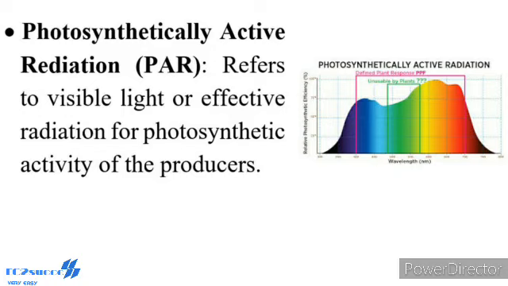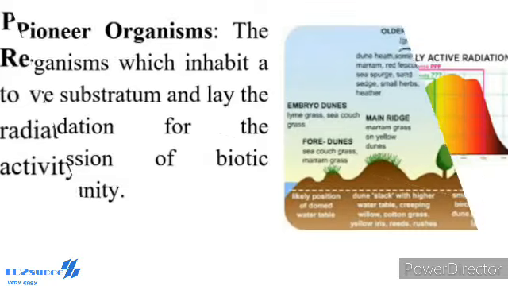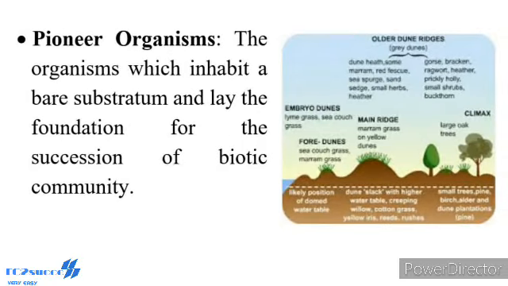Next one, pioneer organisms. The organisms which inhabit a bare substratum and lay the foundation for the succession of the biotic community. So the species that invade a bare area are called pioneer species. In primary succession on rock, these are usually lichens which are able to secrete acid to dissolve rock, helping in weathering and soil formation.